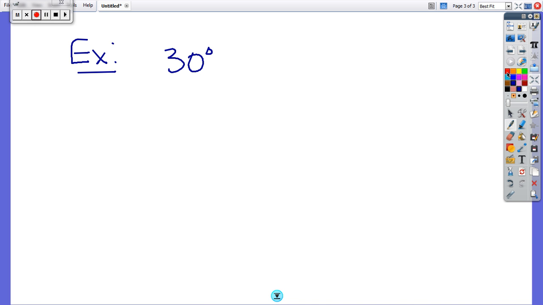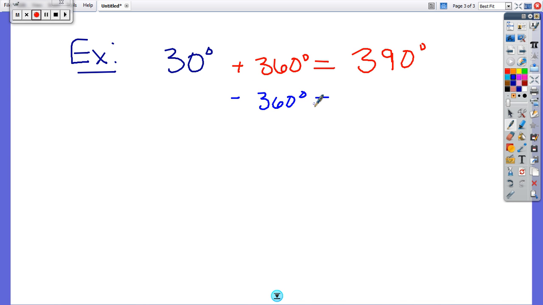Well, it's really easy to find these because all you need to do is add, when it's in degrees, add 360 degrees, and you would get 390. And then in order to get some negative ones, you could just take away 360 degrees, and we're going to get negative 330. So that means that 30, 390, and negative 330 are all coterminal angles.